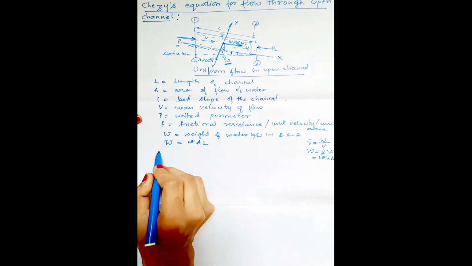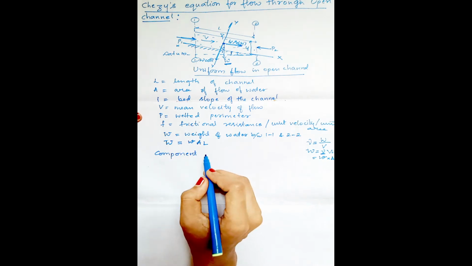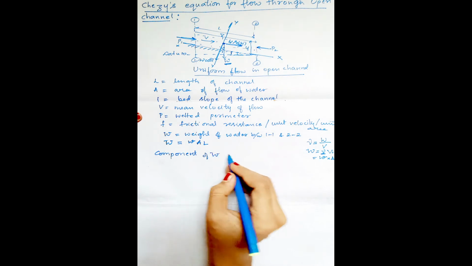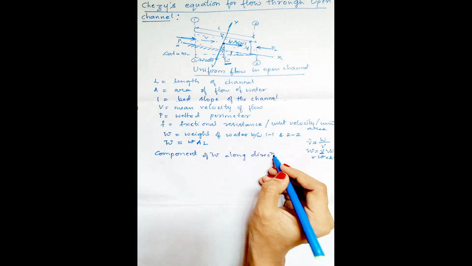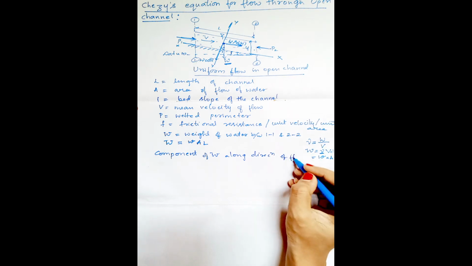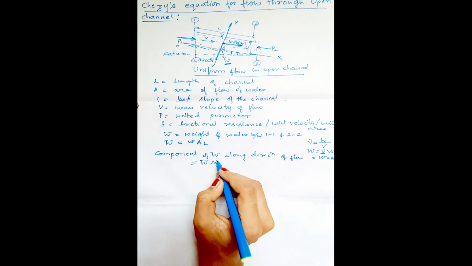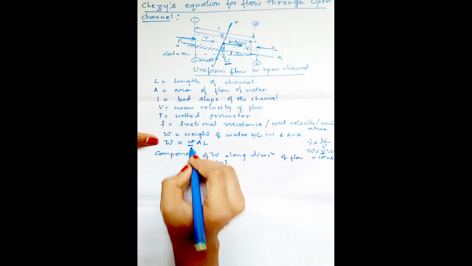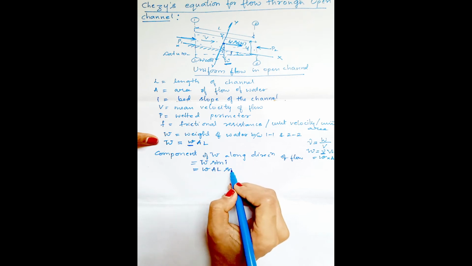So the component of W along the direction of flow is W sin i, which, substituting W, is w A L sin i.